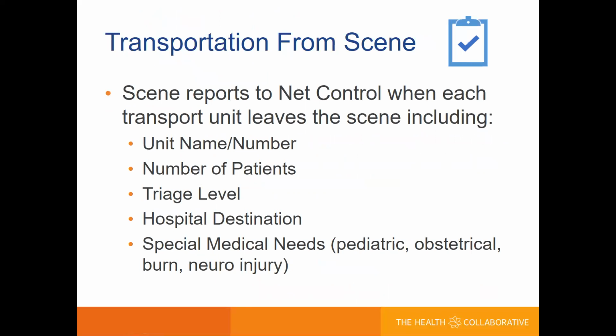Once it is determined where a victim or victims are to be transported, the scene reports the following information to Net Control via DisasterNet: the unit name and number, the number of patients, triage level, the hospital destination, and then any specific needs, such as the patients are pediatric, obstetric, or burn. Communicating these special needs will route the patients to the hospitals that can provide this service.